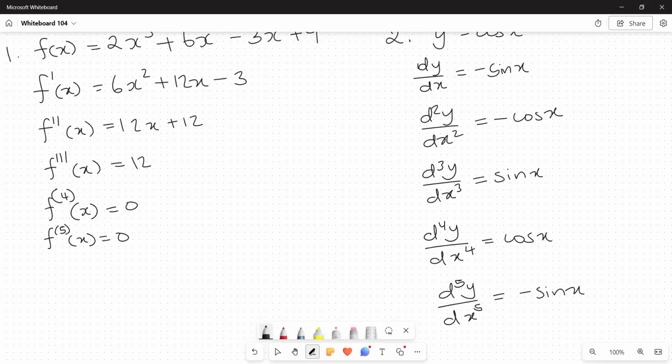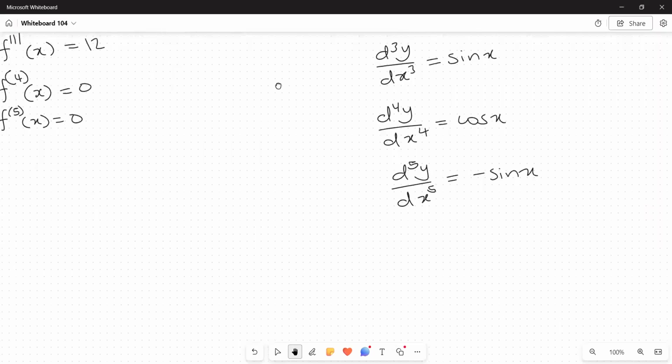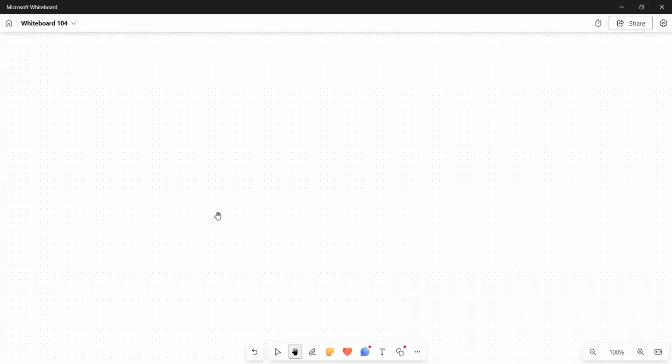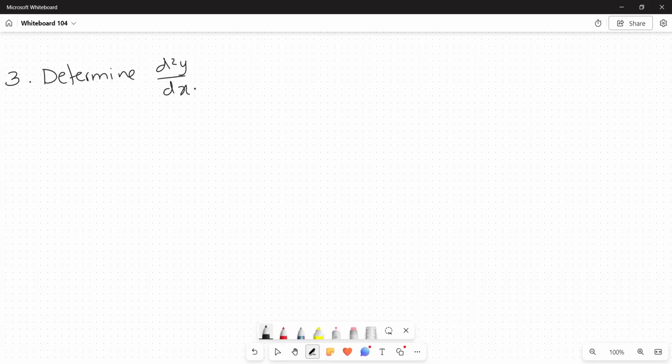All right, let's see another example. So we're going to determine d2y dx2 if y is equal to e to the power of 2x sine x. So we'll have to find the first derivative and then differentiate that.